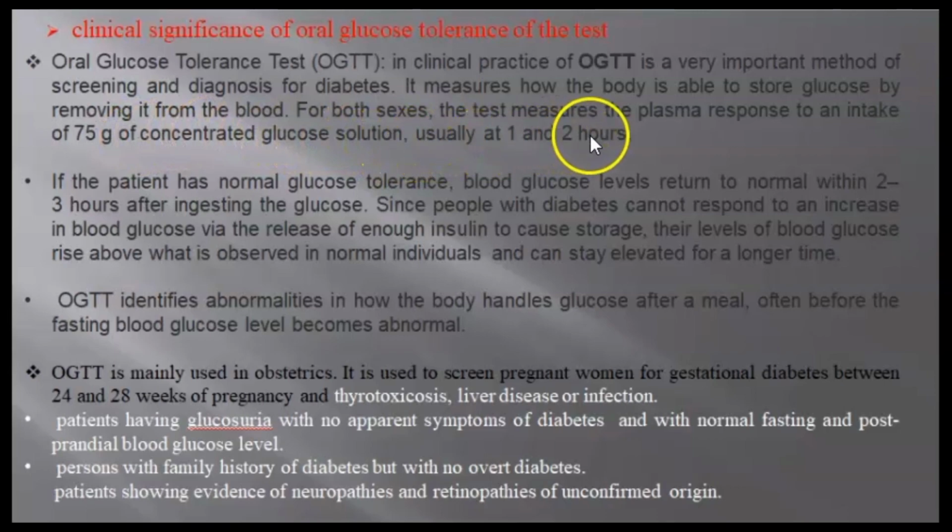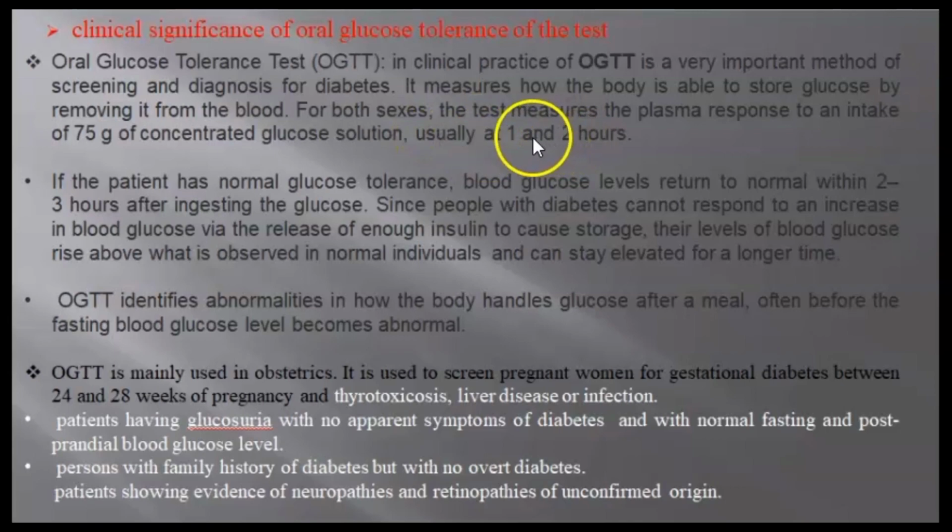usually at 1 hour and 2 hours. After the dose of glucose has been taken, the blood can be collected at 1 hour and you check the result. You can also wait for another 2 hours, collect the blood and check the result, and compare these results with the normal.